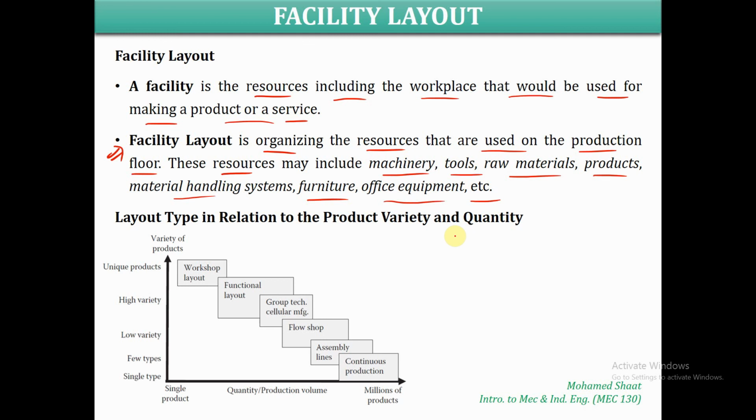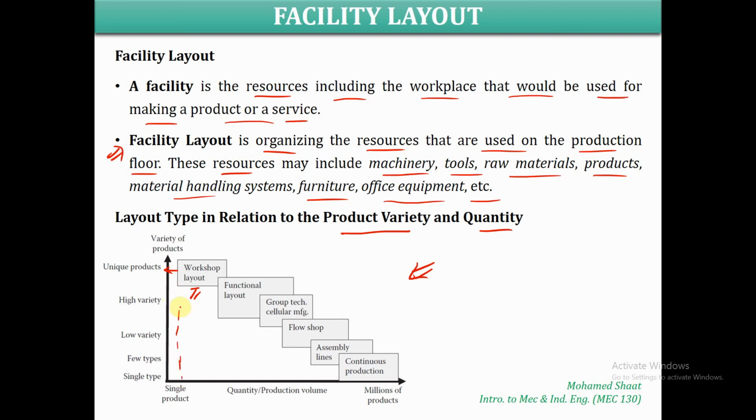This figure gives the different types of facility layouts based on the product variety and quantity. For example, we have the workshop layout, and as you can see, the names are somehow more related to engineering. The workshop layout, this type of facility layout, we are going to use in case this workshop or this organization or this facility gives a unique product, one single product.